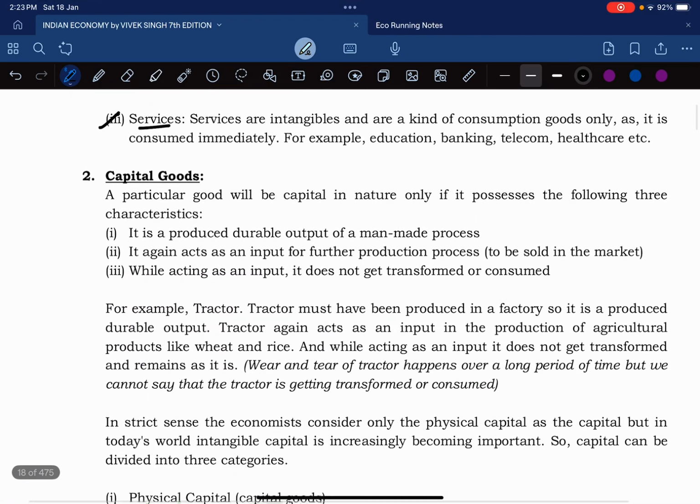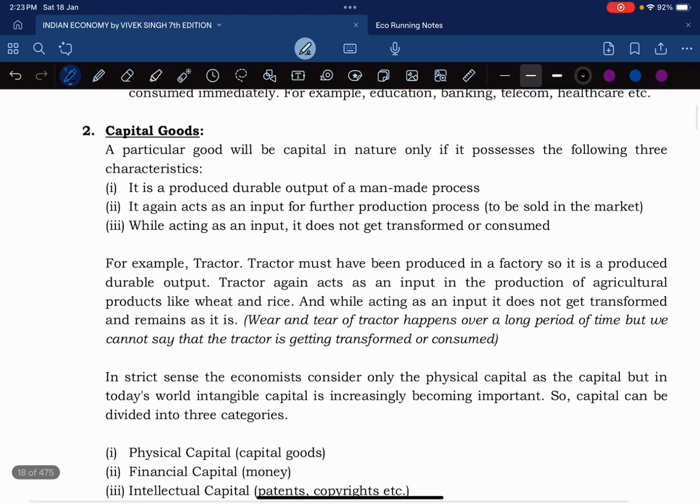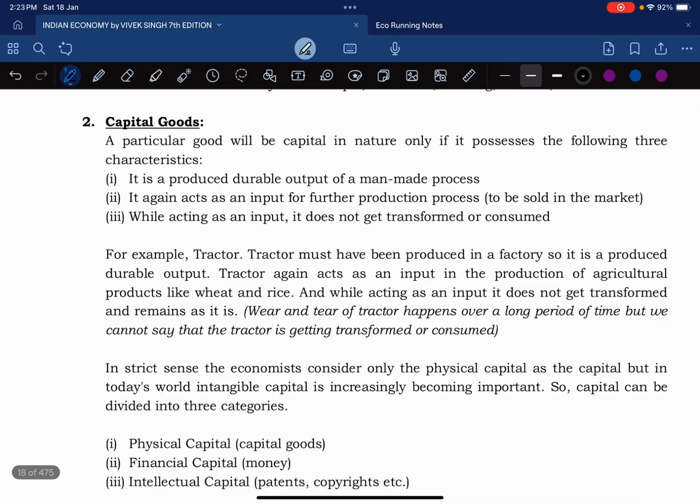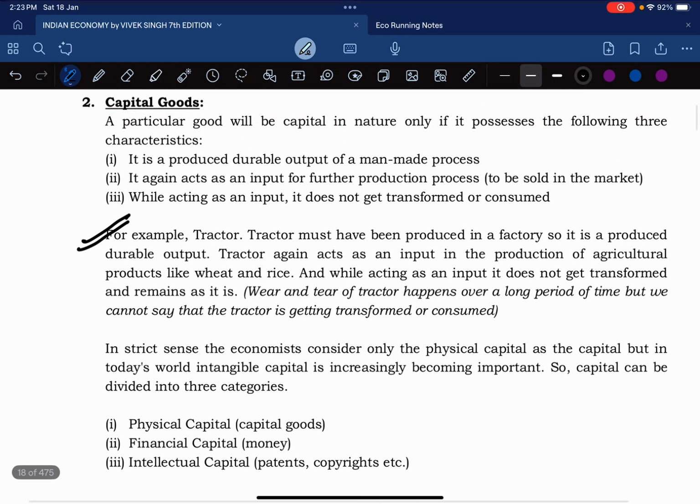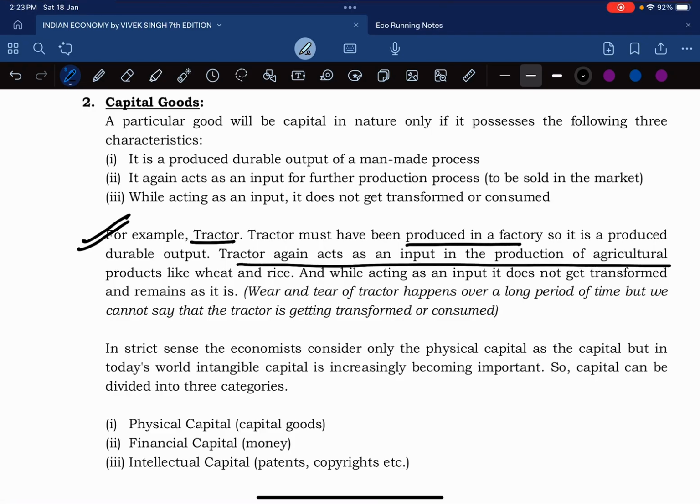Now let's see what capital goods are. We will understand this through an example, and this will be a good example. Let's say a tractor. A tractor is used in agriculture. A tractor is produced in a factory. The tractor again acts as an input in the production of agricultural products. While acting as an input, it does not get transformed.